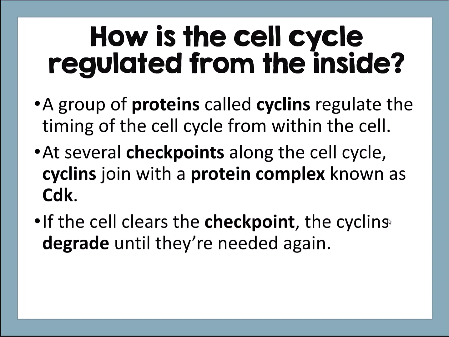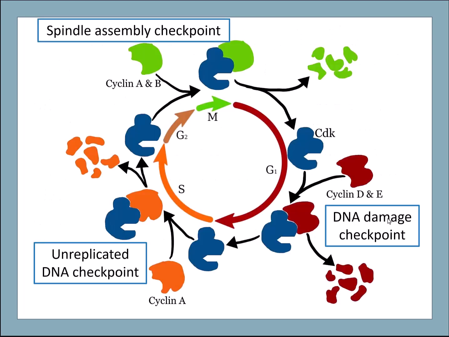And if the cell clears that checkpoint, the cyclins degrade until they're needed again. So let's see what that looks like. This is a complicated image, but let's go through what's happening. We have the CDK molecules in this cell cycle, right?